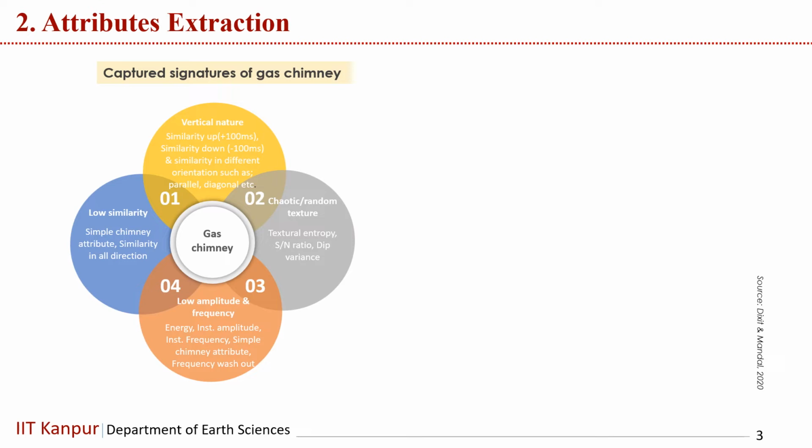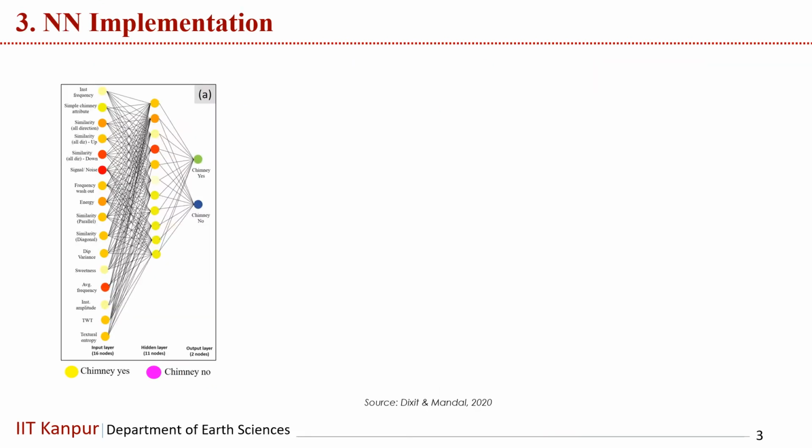Moving to the third segment of our workflow, which is the NN implementation. What we did was combine all the extracted attributes into a single meta attribute that we call a chimney probability cube.